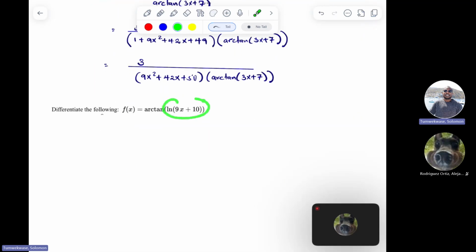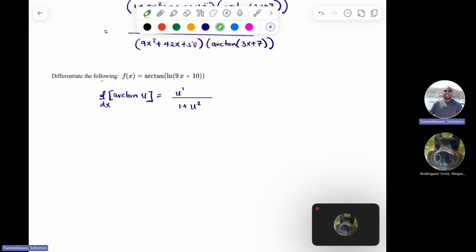Right now we have the natural log inside. Maybe I have to remind you that if I have d dx of arctangent of u, this is u prime over 1 plus u squared.